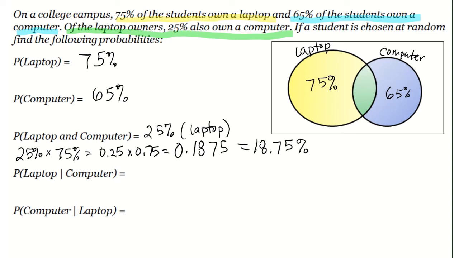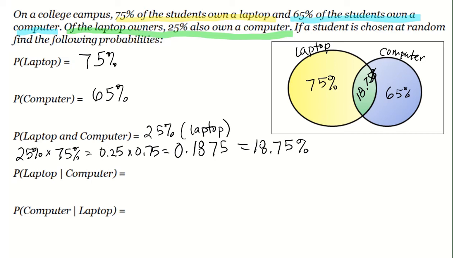So the probability of owning both a laptop and a computer is going to be 18.75%. So I'm going to put that here in the intersection, in my green intersection. That's going to make solving my conditional problems a lot easier because now I've put my numbers into my Venn diagram.